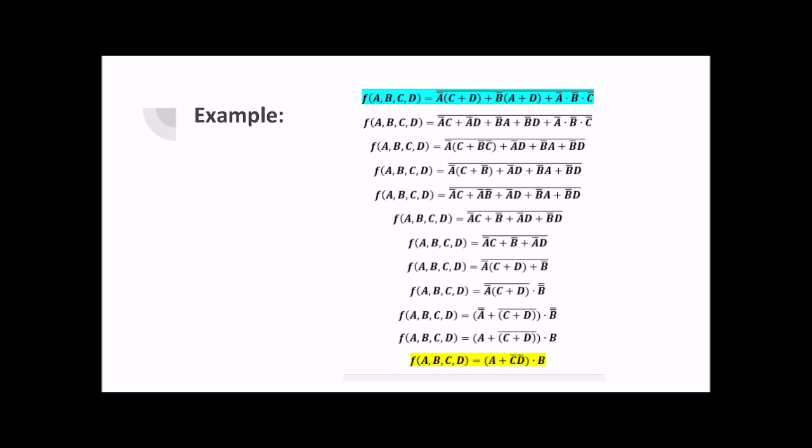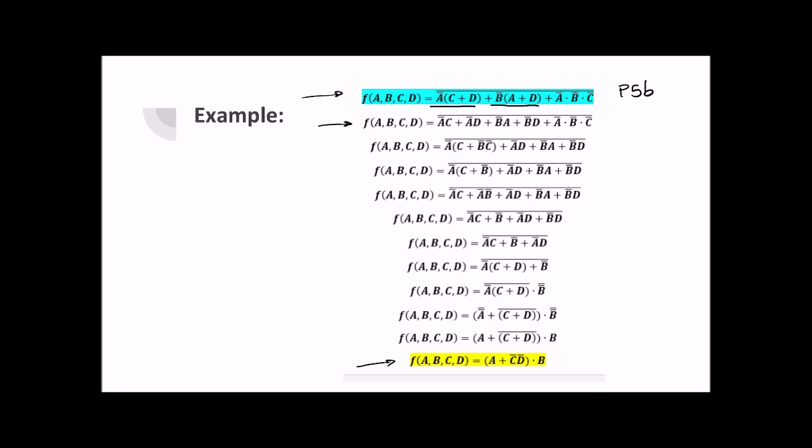An example: we have this function and the objective is to reduce it to the minimum expression possible. For this, we must apply some of the theorems mentioned above. We can begin by applying postulate number 5b, which is about the distributive property in these two expressions, and the function remains in this way.